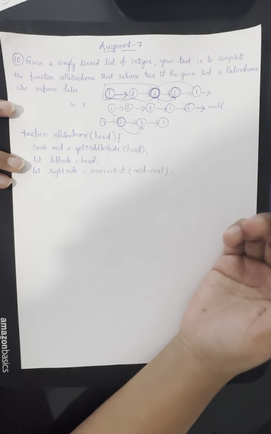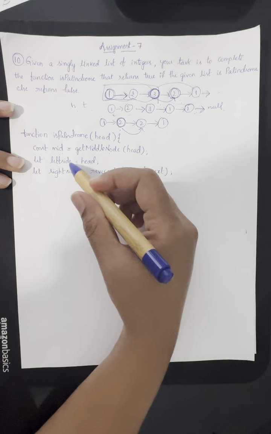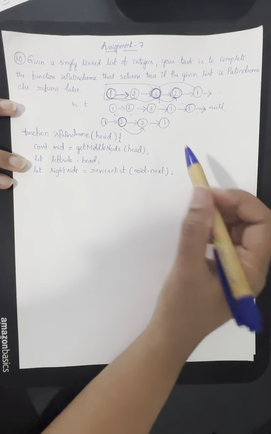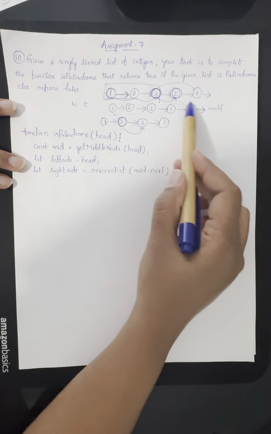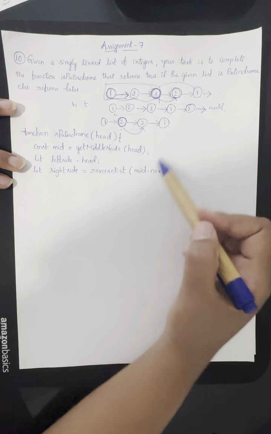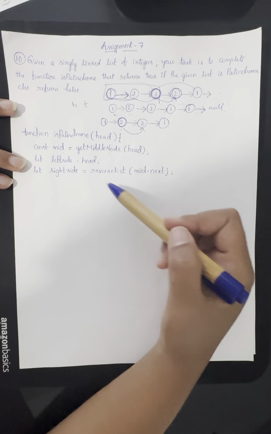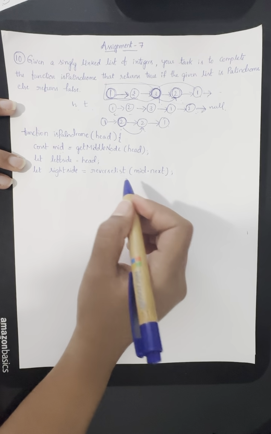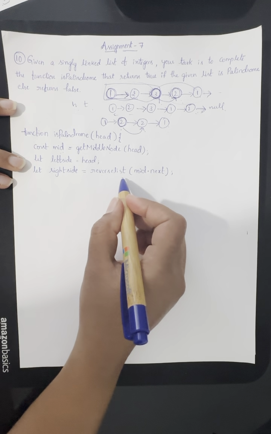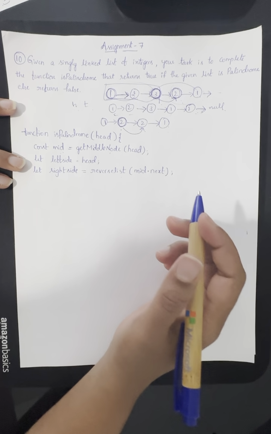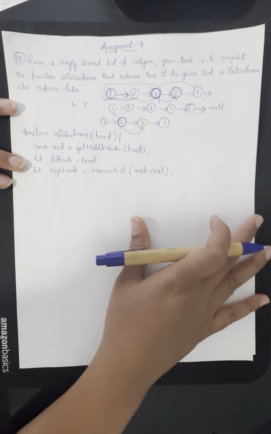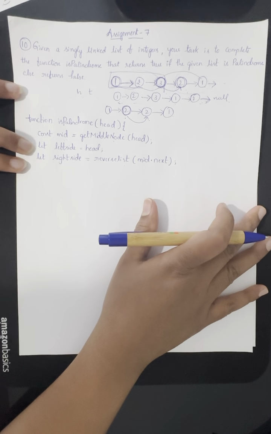When we are comparing the right side of the list with the left side, we first need to reverse the right side. So for that we are sending mid.next to the function called reverseList. This function reverses the second half of the list.